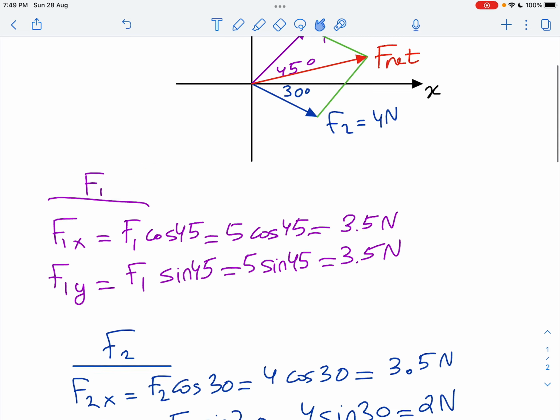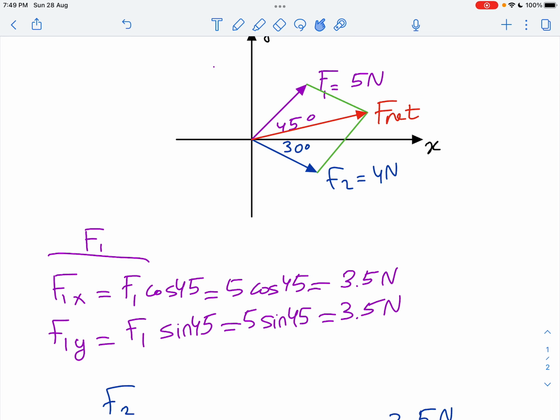Now, if you look carefully at the figure, the y component of F2 is going to be here. That's the y component of F2, that's F2y. And from here till here is F2x.